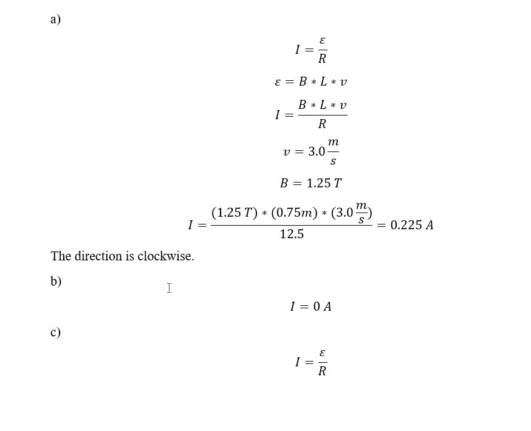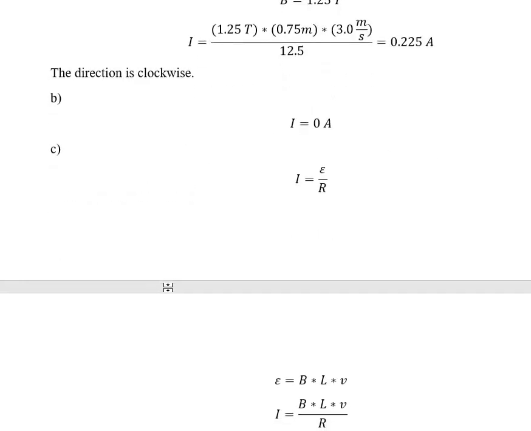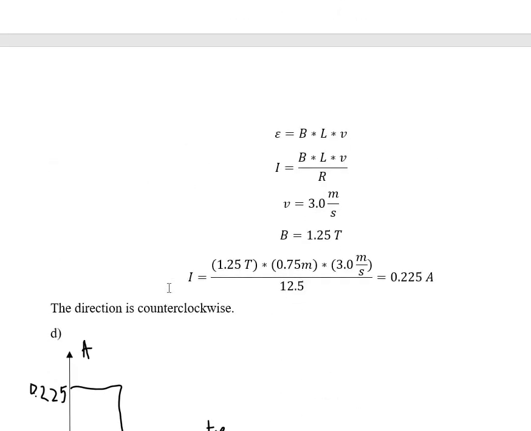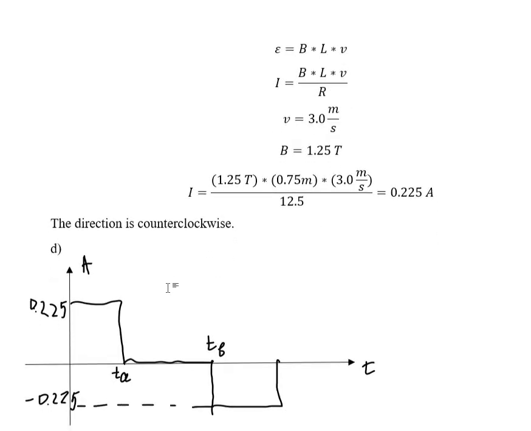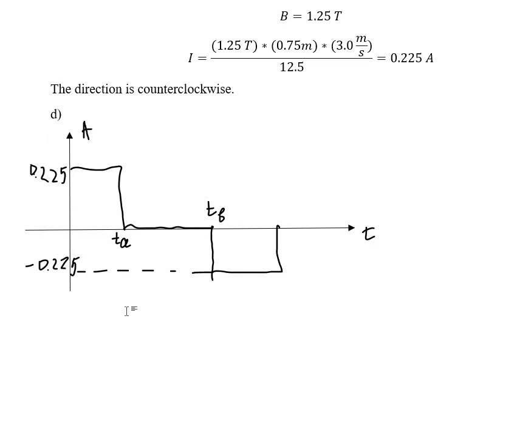For part B, the magnitude of the current was 0 A. For part C, the magnitude of the current was 0.225 A as well, but the direction was counterclockwise. And for part D, we just sketched the graph which indicates all three parts we've done before. So this is the answer for problem 29.33.